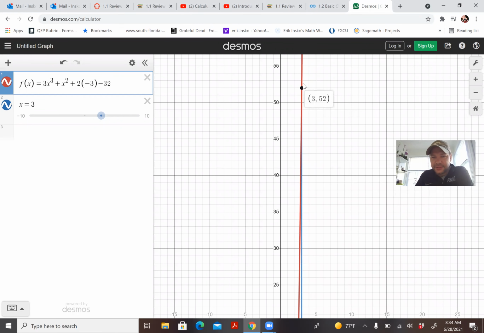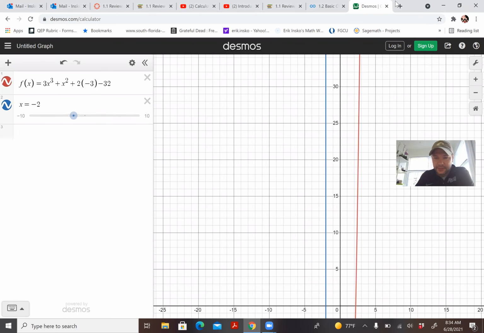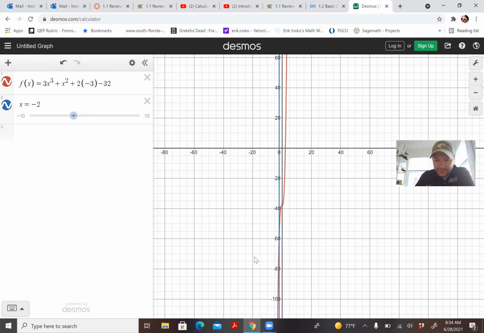Okay, so you can highlight that and say, okay, 3, 52, that tells you where the point is at 3. If I slide over to x equals negative 2, I think was one of the points, then I can scroll all the way down here, and I guess, what did I say it was? Negative 58? Doesn't seem right. Is that what I calculated before?